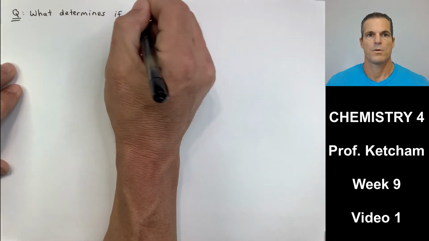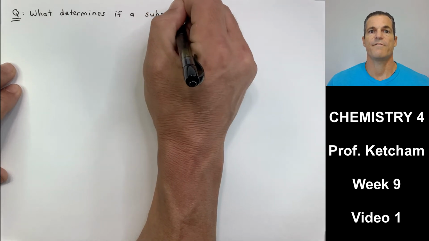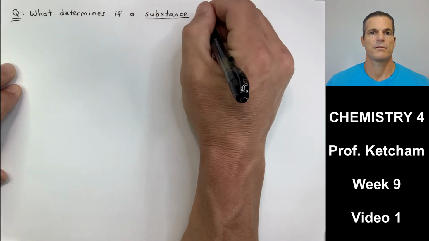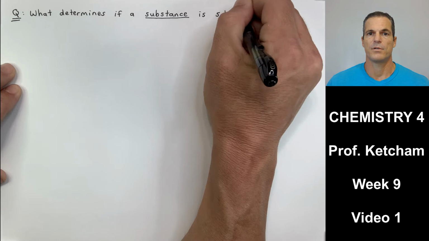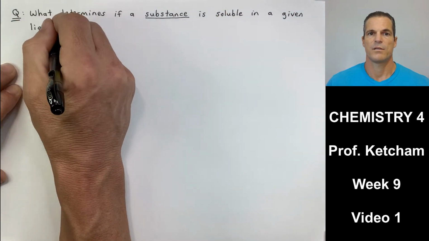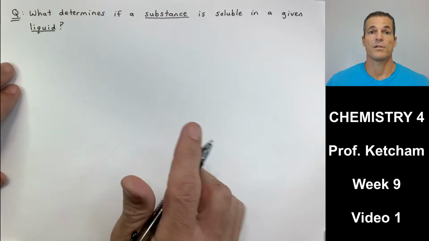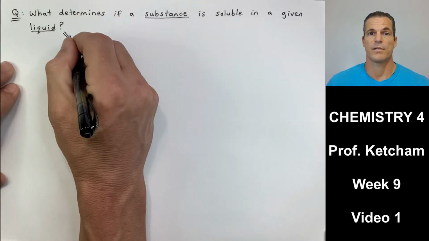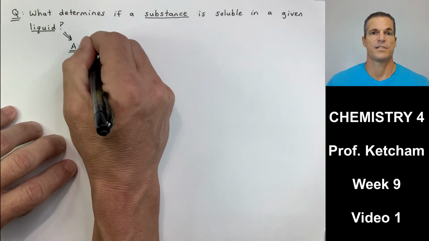Question: what determines if a substance is soluble in a given liquid? Some substances are soluble in a given liquid, like water, and some substances are not.